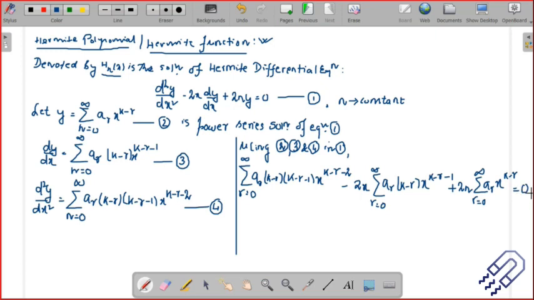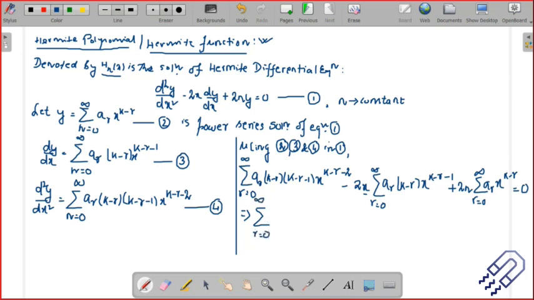Okay, so we have written the expression now, and let's just do the adjustments. So we can see something common here. There is an x here, and then there is a minus 1 here. So if you just take up the power, it will be x to the power k minus r. If we write it down this way, we can take it up like this.